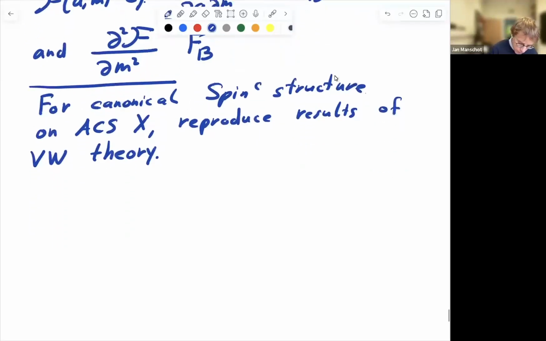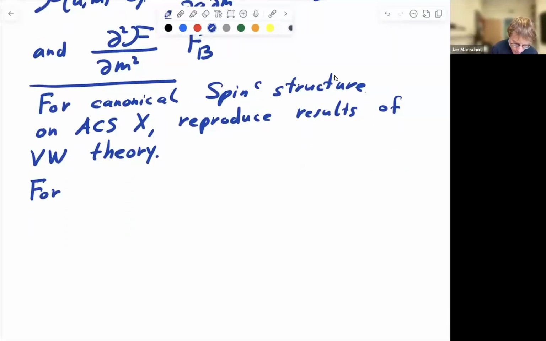In particular, for b2 plus equal to 1, the case of CP2, the complex projective plane.